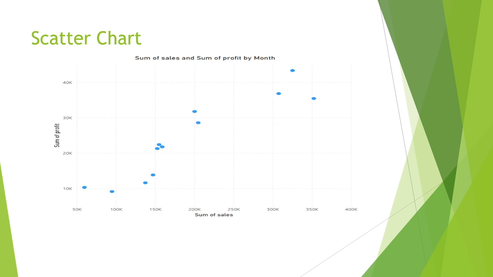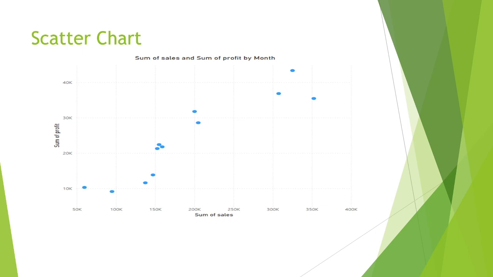Okay, and this is the scatter chart, sum of sales and sum of profit by month. This chart shows the connection between sales and profit for different months, and more sales usually mean more profit.